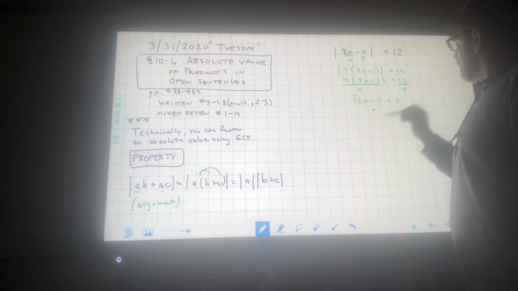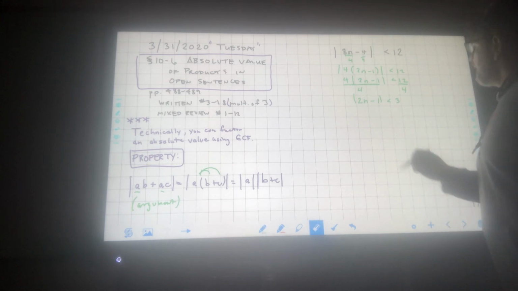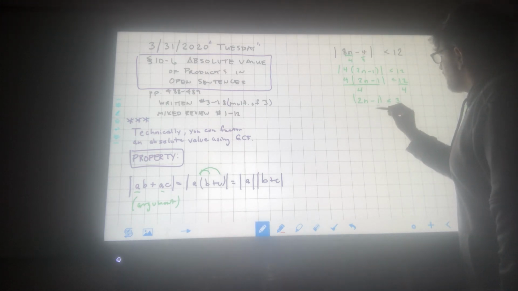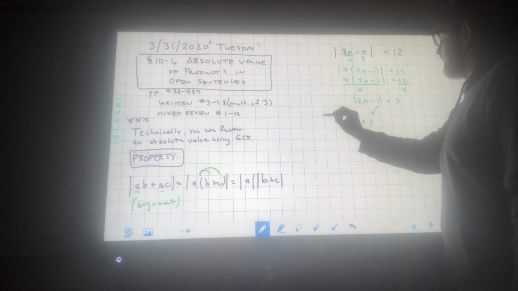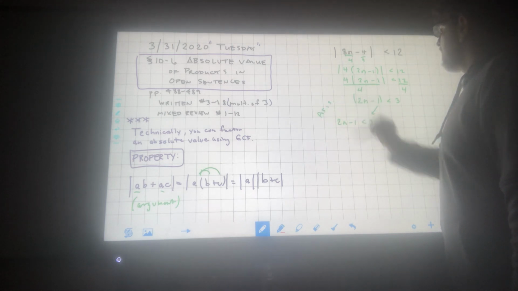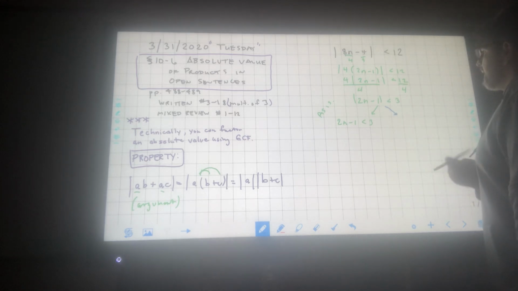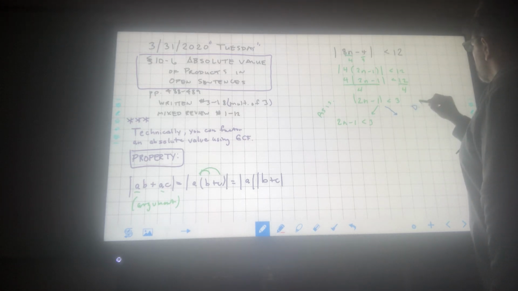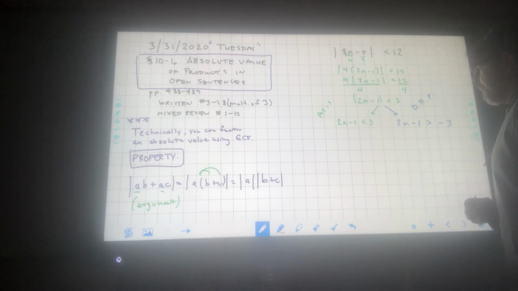Absolute value, right? So now how do I solve this? As is, 2n minus 1 is strictly less than 3. And the second time, we are going to do the double backflip. So 2n minus 1 is strictly greater than negative 3.